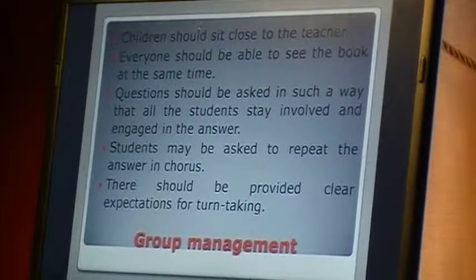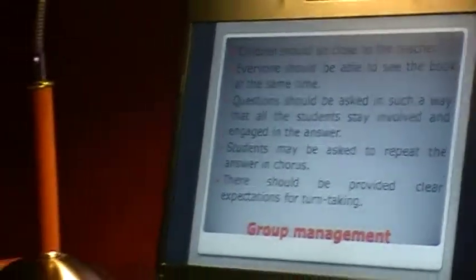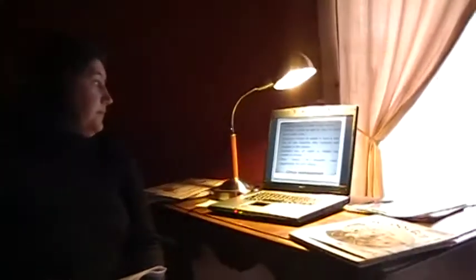Group management. I have found some recommendations in regard to group management. One of them is that children should sit close to the teacher. Everyone should be able to see the book at the same time.